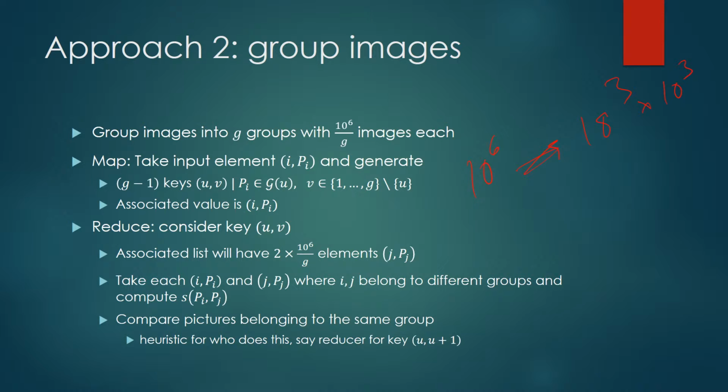Let's say that I have a deck of cards, okay? And we want to compute similarities. I want to see if each two cards are similar or not, right? Now, I can give one card to each of you and then ask each of you to go around and check with everybody else, do we have the same card? That was the first case that we talked about. Instead, let's say that I had 4 decks of cards.